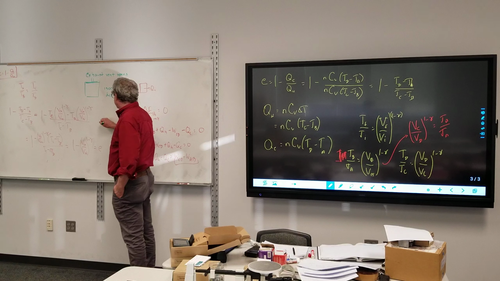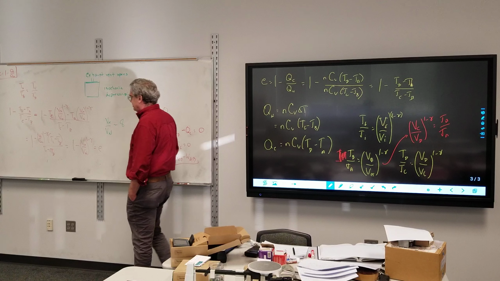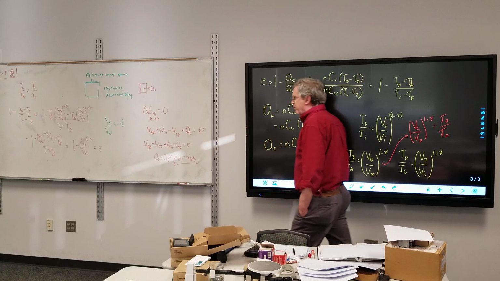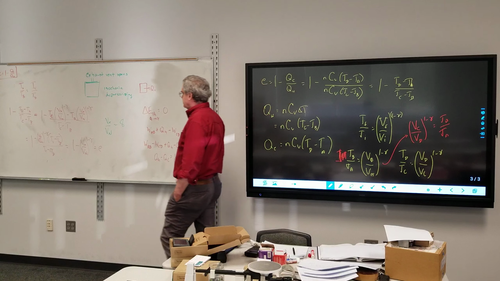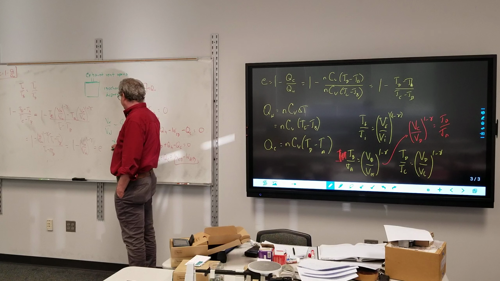So Vx over Vn is somewhere around 8. If we're dealing with air, and we went through some of this, and there's the table in the book, for air, gamma is about 1.4.